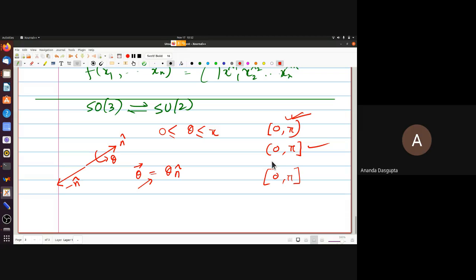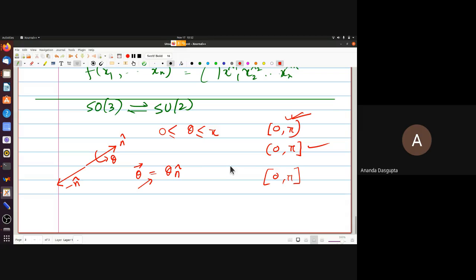Let's forget about this pi angle business for the time being and just focus on getting the parameterization done as much as we can. Instead of specifying both n hat and theta as separate elements, we take the vector theta n hat. Is that okay? That will have the same information as the magnitude theta and the direction, right?